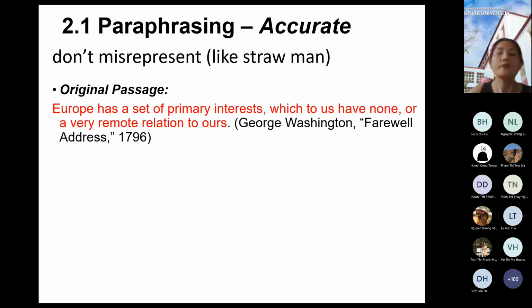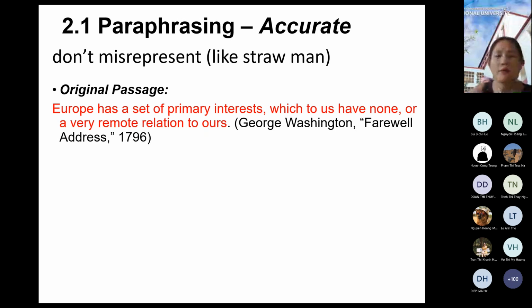All right, so the first standard, the accuracy, that the paraphrasing must maintain is that, if the information is originally like this, when you restate it, you may have different ways of restating, but you need to make sure that the restatement is accurate to the original argument, statement, or information.